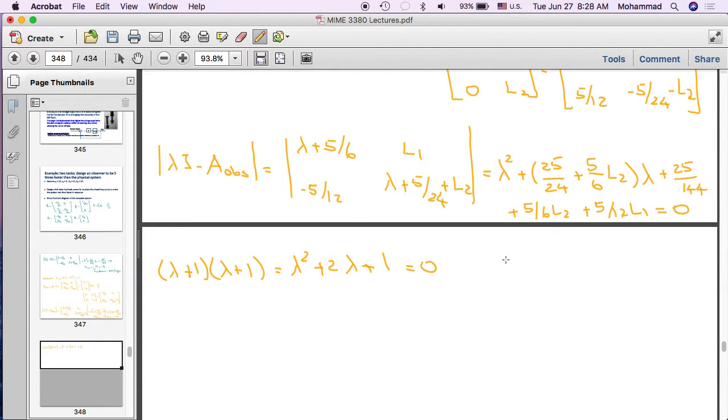So the first expression we get is 25 over 24 plus 5 L2 over 6 is equal to 2.